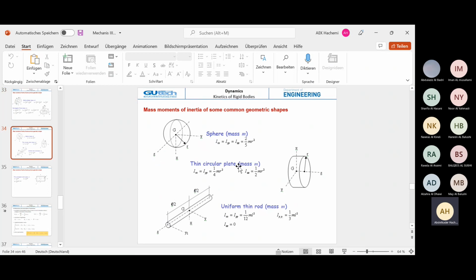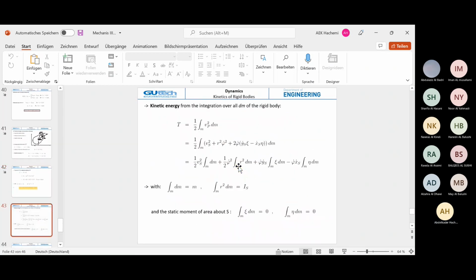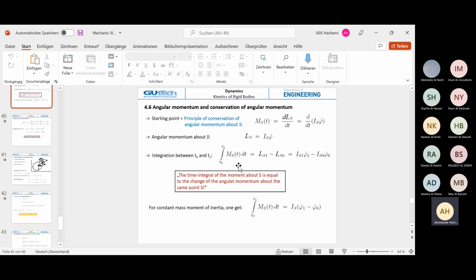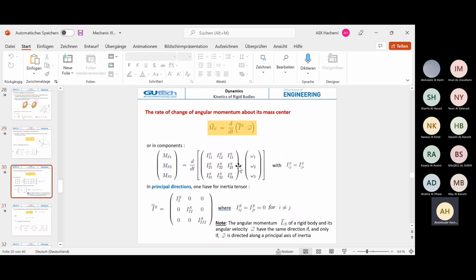When we do that, we have these three terms along x prime, y prime, and z prime. As I said, the component I_ij, which is equal to I_i for i equal to j, will be equal to 0 for i different from j.